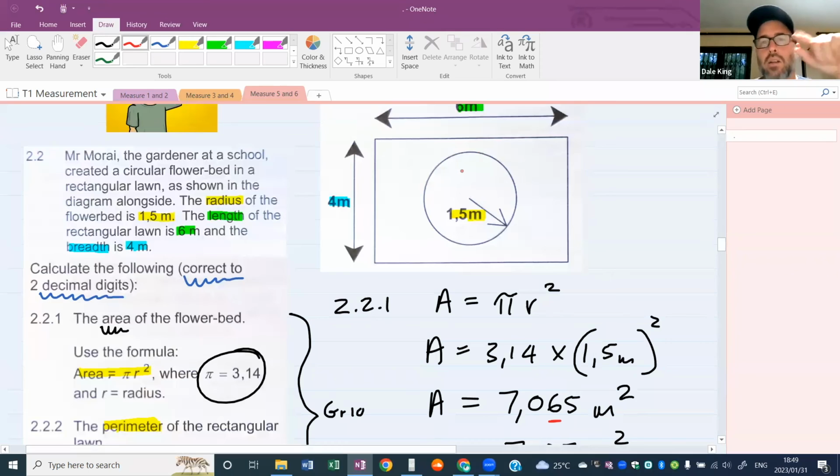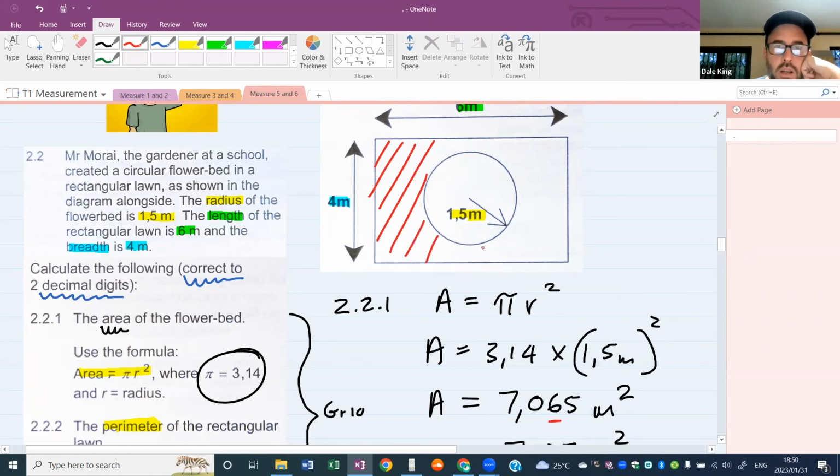They want the rectangle area, but we've got to exclude, take away, remove, don't include, cut it out, the circle, the flower bed in the middle. So they want all this shaded region that I'm shading in now with red. They want all this, not the circle in the middle.